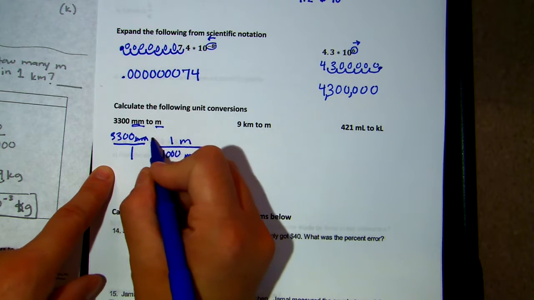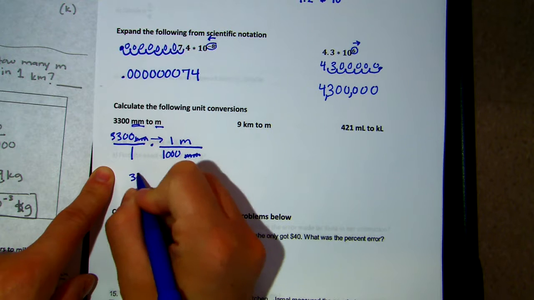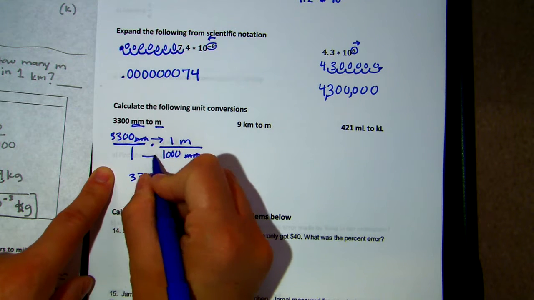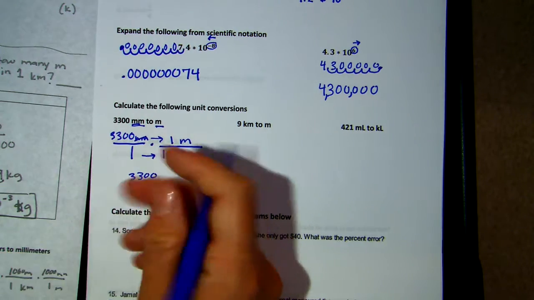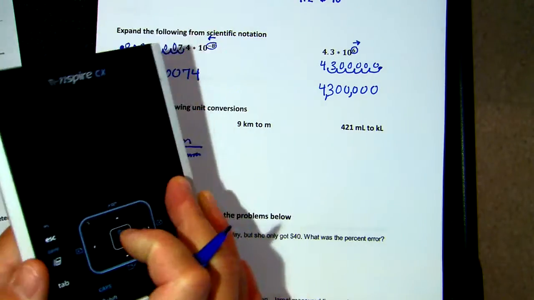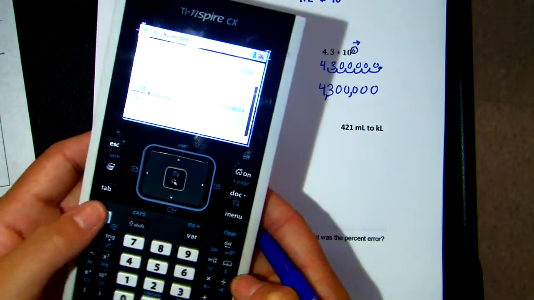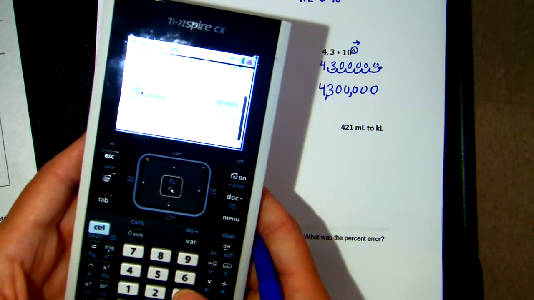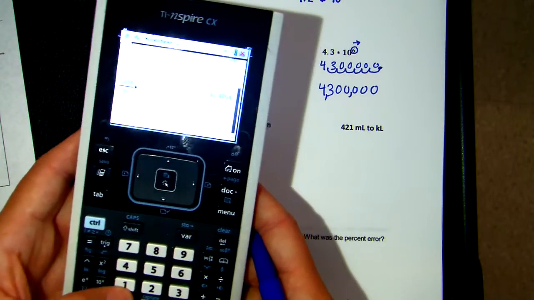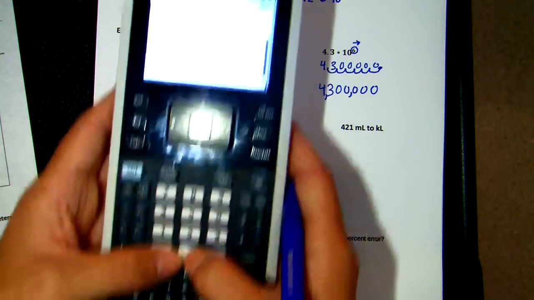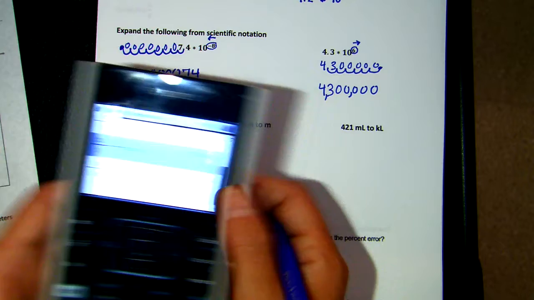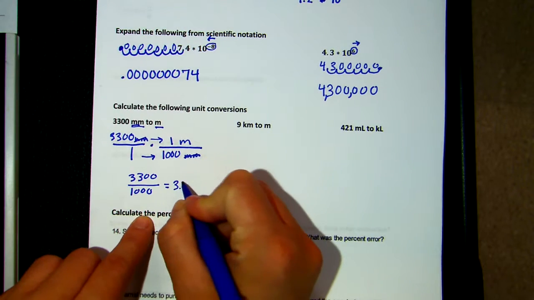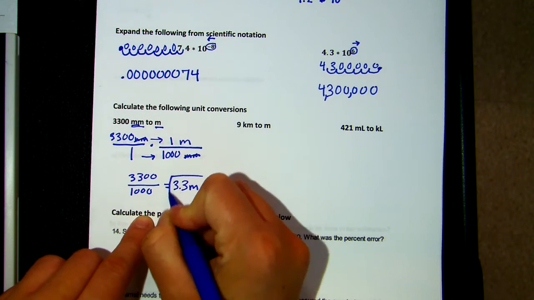If I multiply the top across, I've got 3,300. Multiply the bottom across, over 1,000. If I plug that into my calculator, I should get, set up my fraction bar first, 3,300 divided by 1,000. Don't forget that decimal point. So it gives you a decimal answer, and I get 3.3 meters.